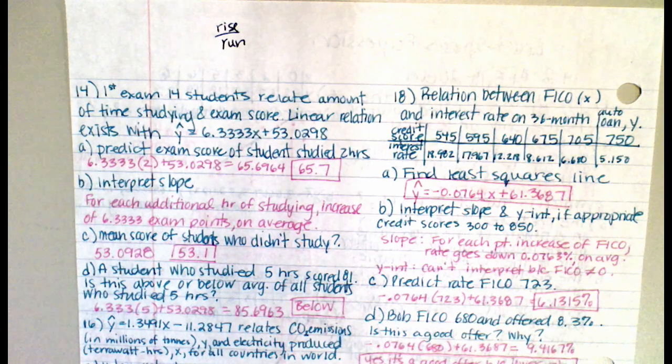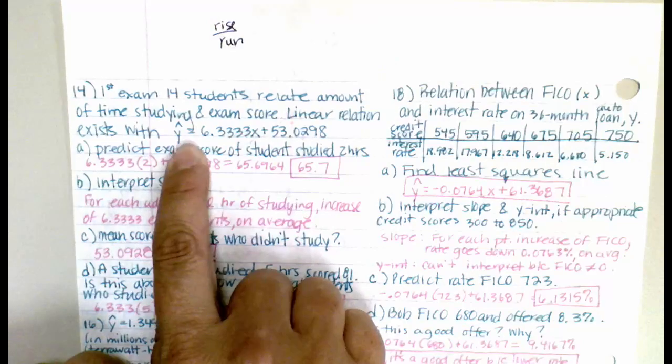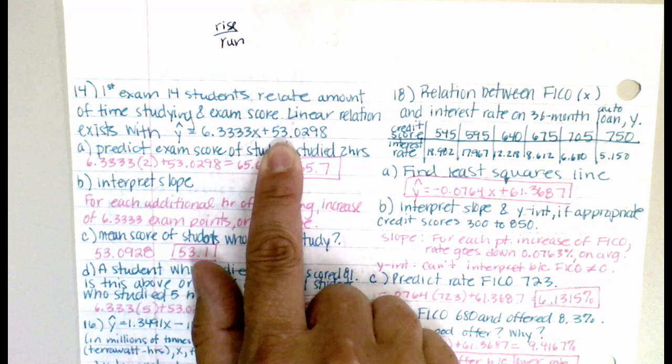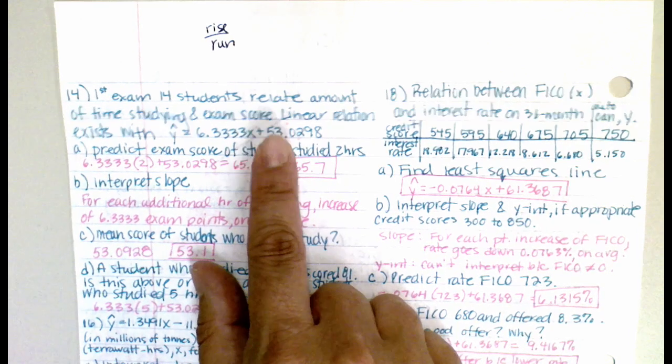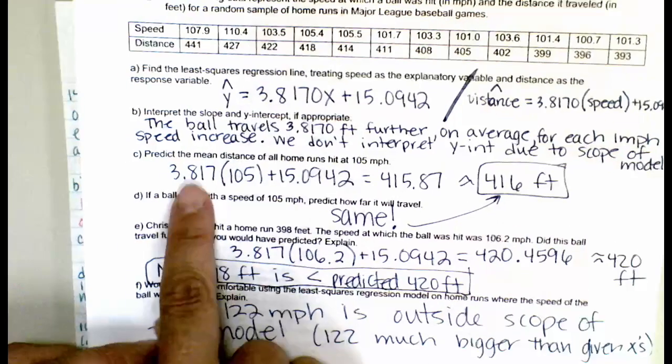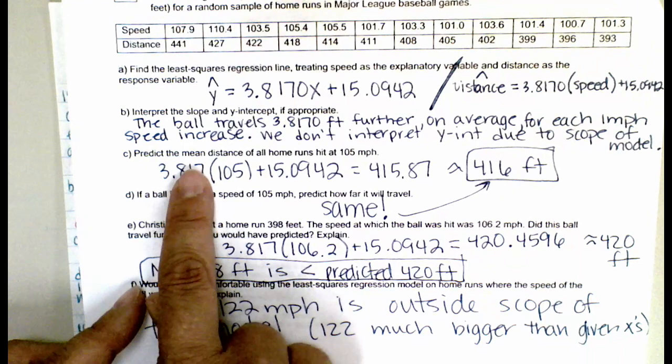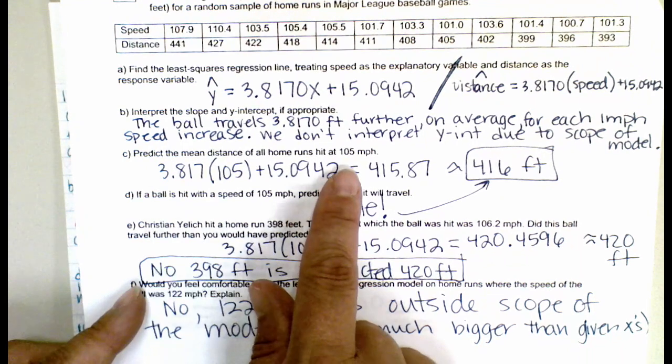Part C asked what the mean score of students who did not study was. Remember that the least squares regression line has 2 purposes. If you look at the notes, this would be example 2C versus D. C asks you to predict the mean distance for this particular x value.